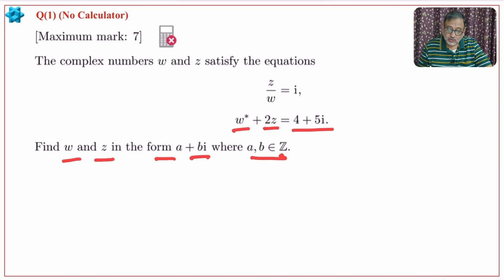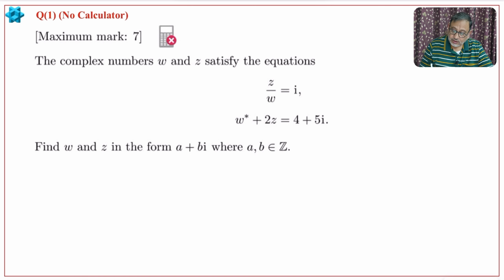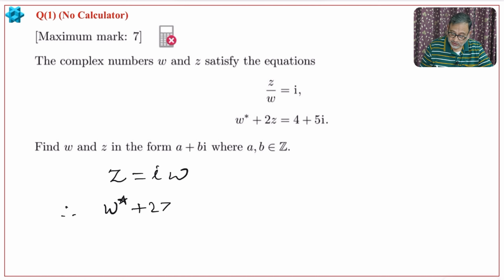Okay. So, look here, from this equation what we can write? z is equal to i into w, and now therefore w conjugate plus 2z, which is to be found, will be 4 plus 5i.